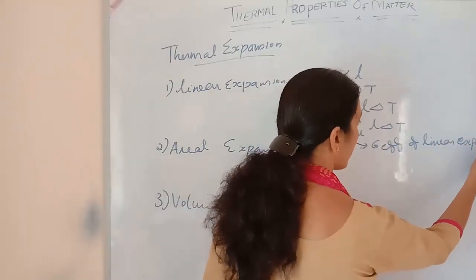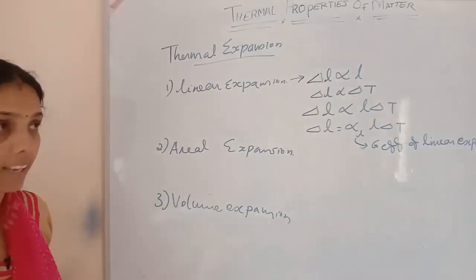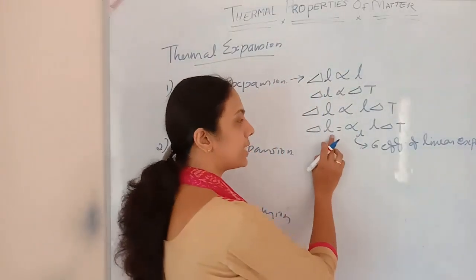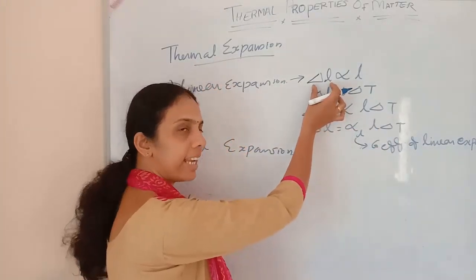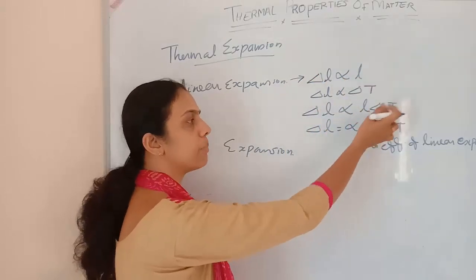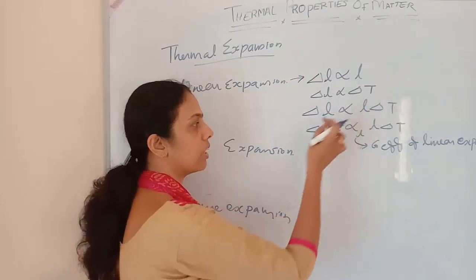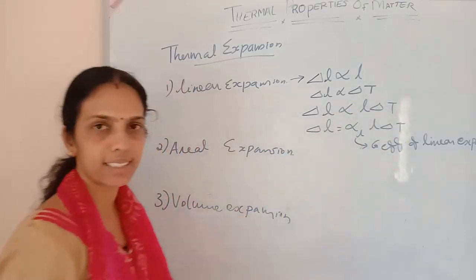So the increase in length is directly proportional to length and to the change in temperature: delta L equals alpha L into L delta T.